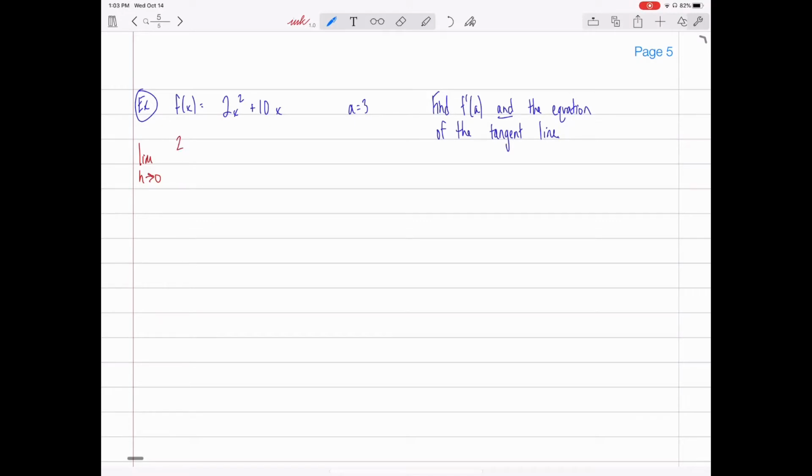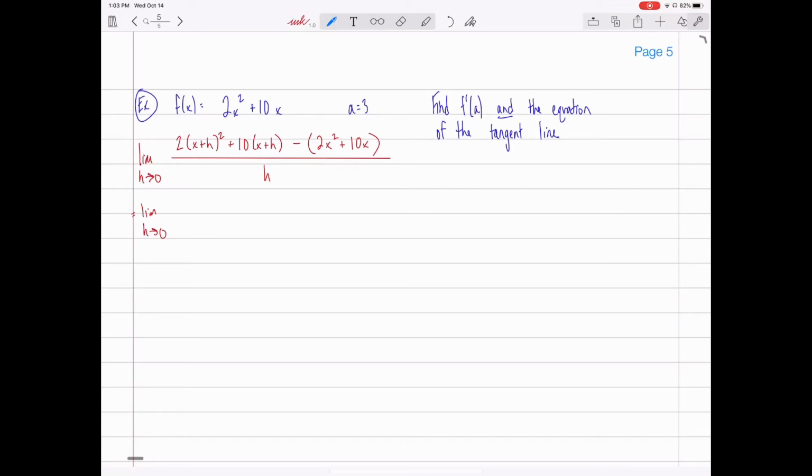So f of x plus h. Okay, so that is f of x plus h. And then we subtract f of x. And I'm going to put this in parentheses so that I remember to distribute the negative sign. And that's all divided by h. Okay, so we just keep simplifying this until we get something we can work with.